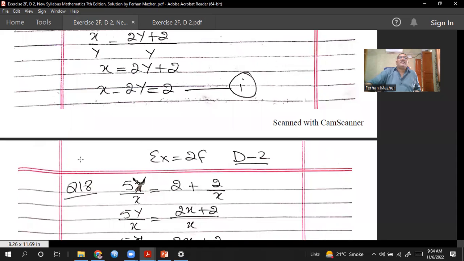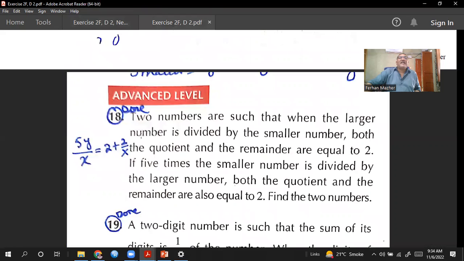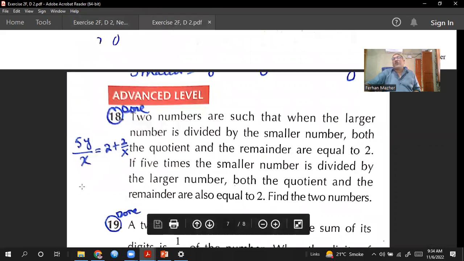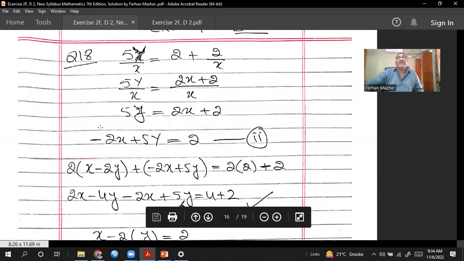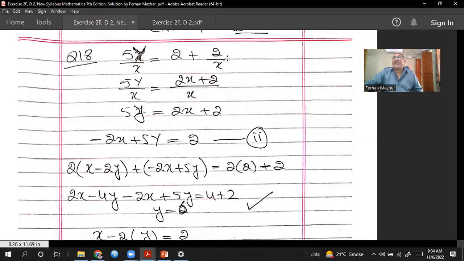Then it says if 5 times the smaller number is divided by the larger number, the quotient is 2 and the remainder is 2. Writing this as an equation again: dividend, divisor, and quotient plus remainder over the divisor.